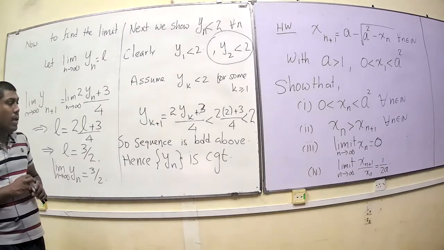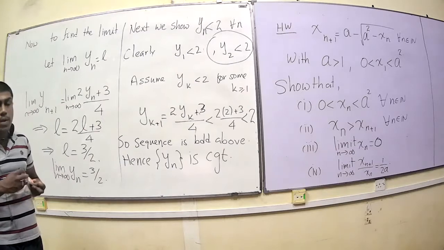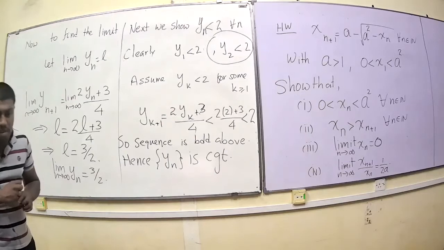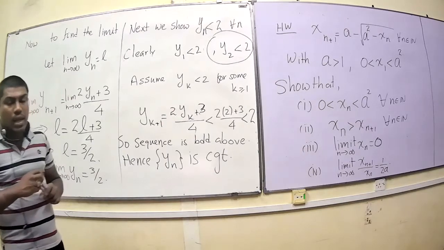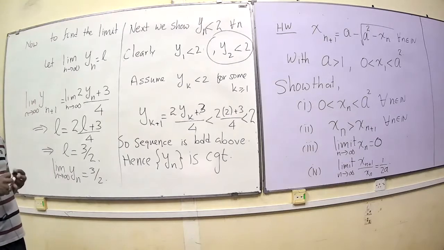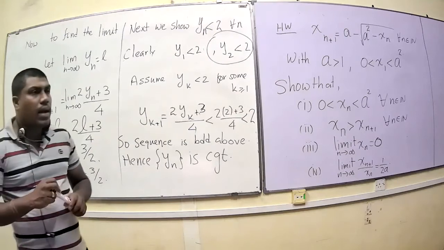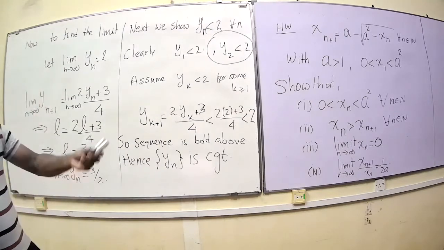So then finally, you have to show that the ratio between two successive components of the sequence, xn plus 1 over xn, right? We defined this as a rule for convergence earlier. So if xn plus 1 over xn is less than 1, then we say that the sequence converges.